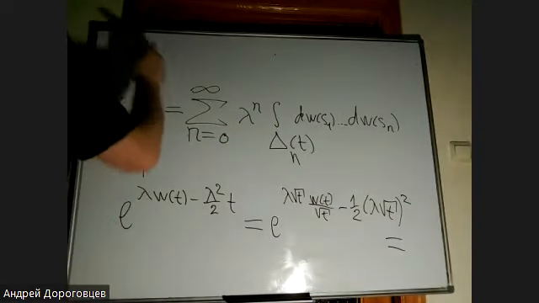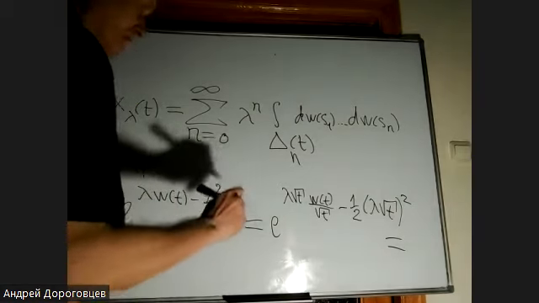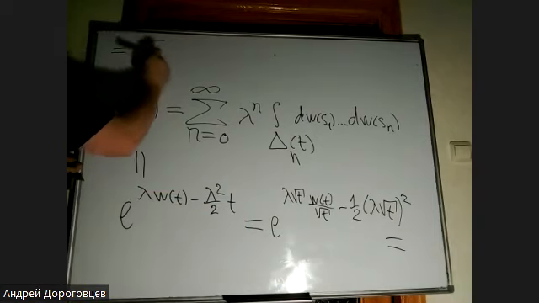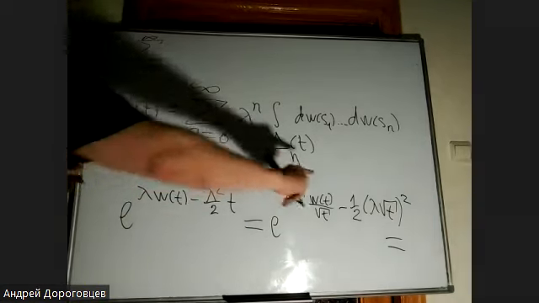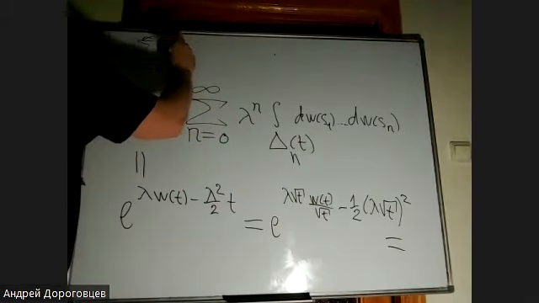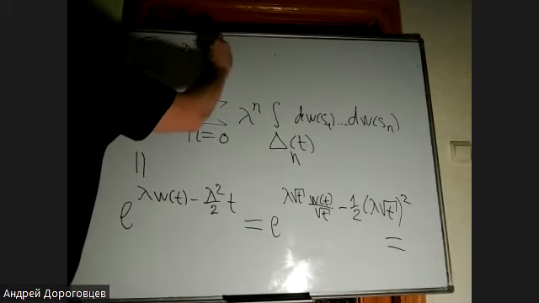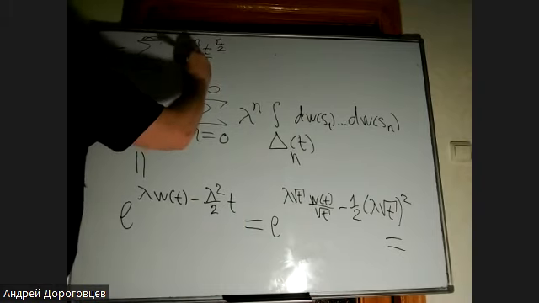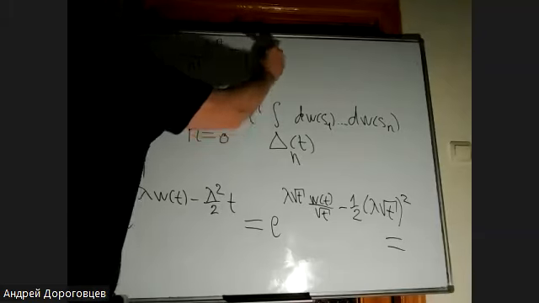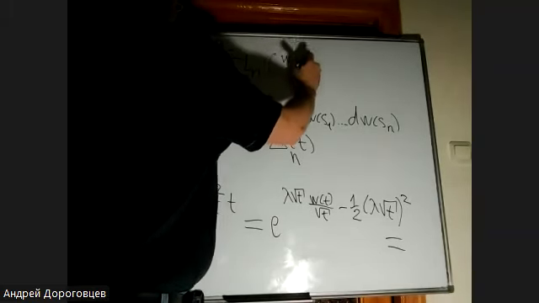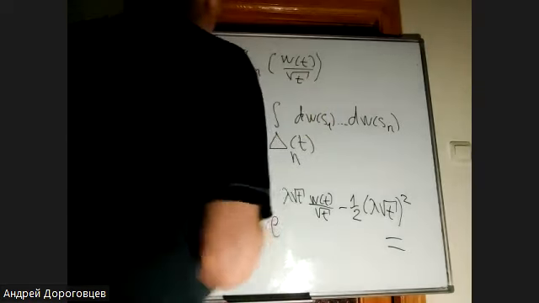It's equal to the sum n equals 0 to infinity, here is lambda to the n, t to the n over 2, over n factorial, H n of W t over square root of t. That's all.